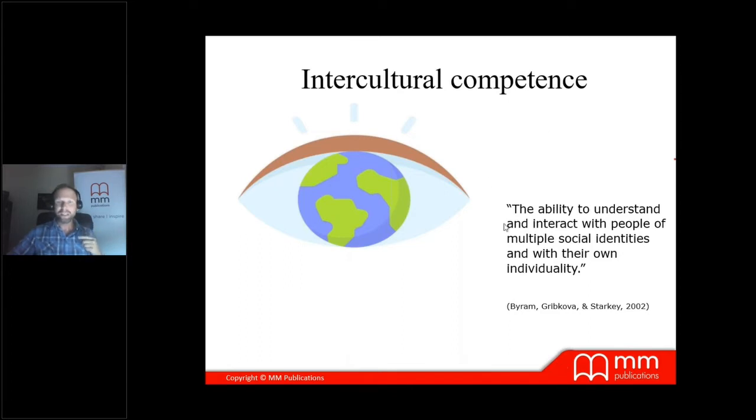So this is actually the definition that made me focus and try to think about the way that we deal with culture pages and with intercultural competence in our teaching of the English language. The ability to understand and interact with people of multiple social identities, but of course, at the same time, with their own individuality.